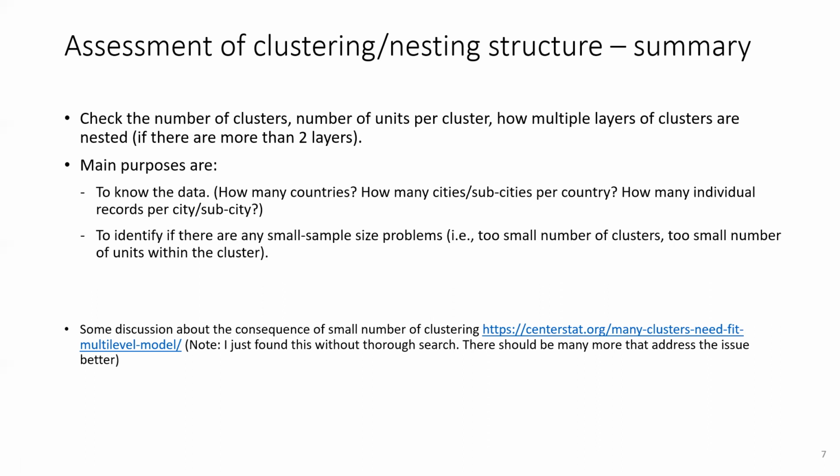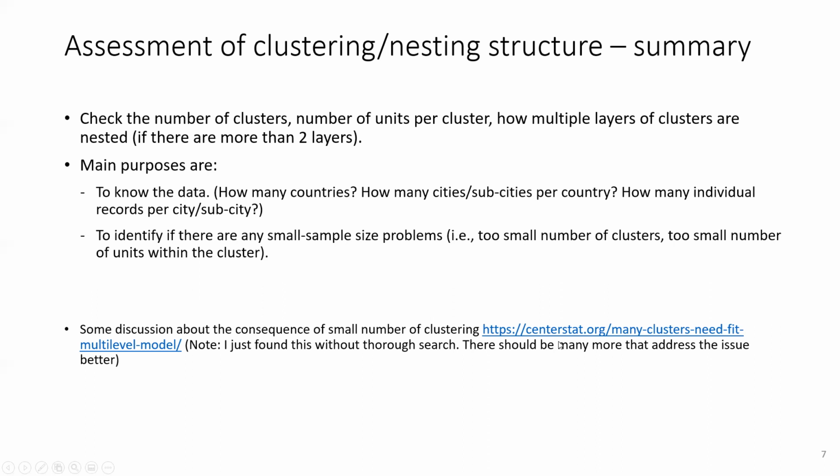And secondly, we want to identify if there are any small sample problems, like too small a number of clusters or too small a number of units within the cluster, which was the case with this data set. If the number of units per cluster is too small, our estimation is going to fluctuate because the sample size is small.